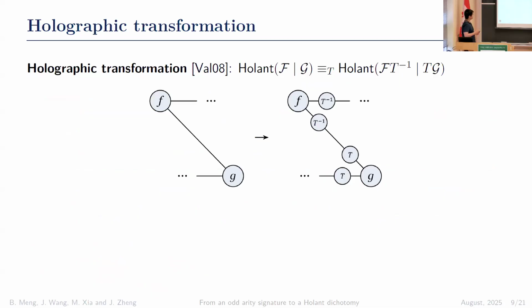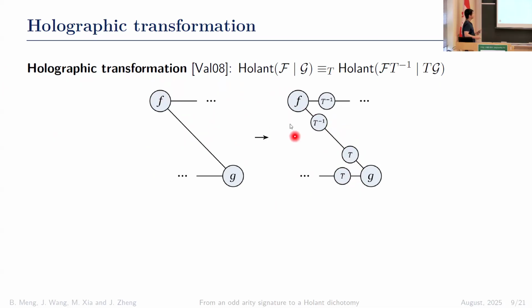Okay. Now, another important reason for us to study the Holant problem is that it allows a certain transformation called holographic transformation. To explain this transformation, we can see this graph. At first is a bipartite Holant problem, and if we add some binary modifications, T and its inverse, on each edge, they actually have no effect because they are just equal to equality 2.